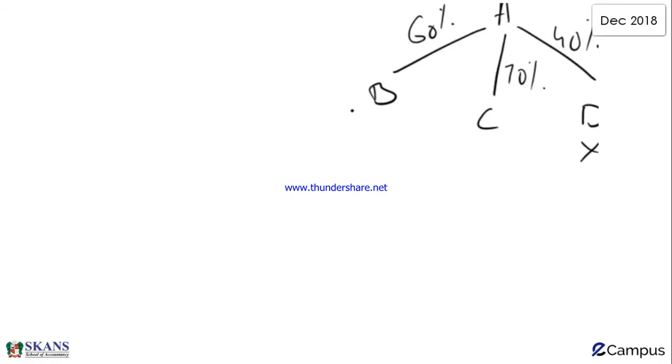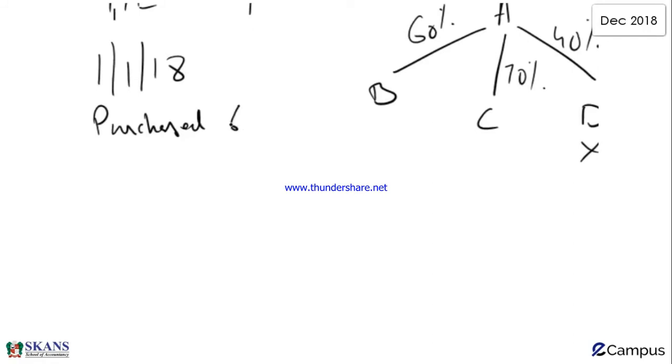But this B Limited, well, the year end of A Limited is 31st of March. And during 31st March 2018, at 1st January 2018, A Limited purchased its 60% shareholding. A Limited purchased a 60% shareholding in B Limited.